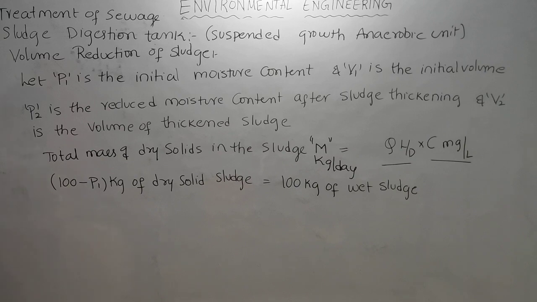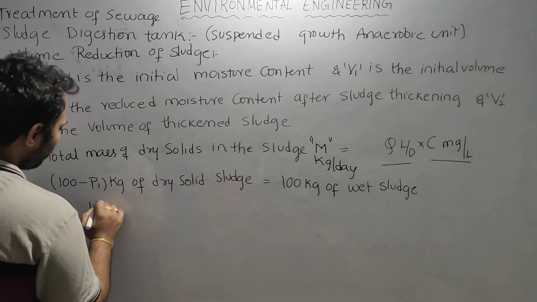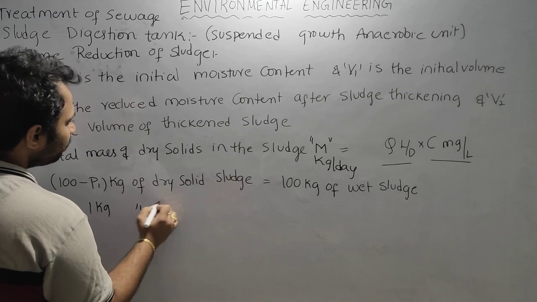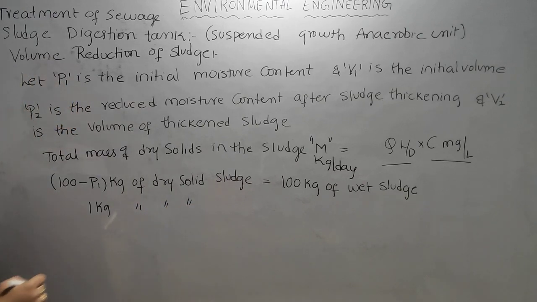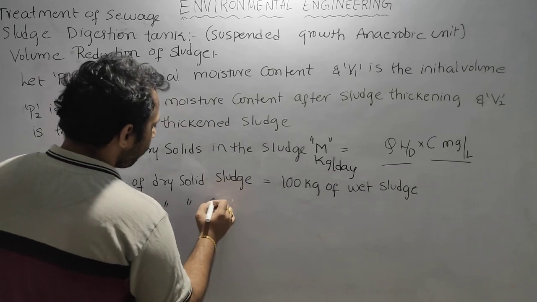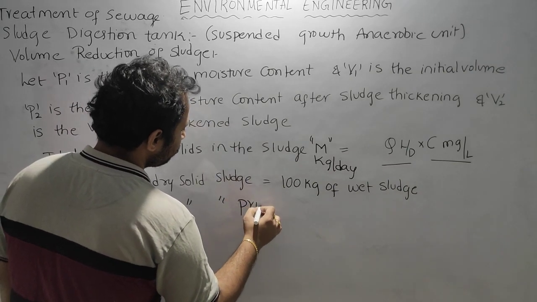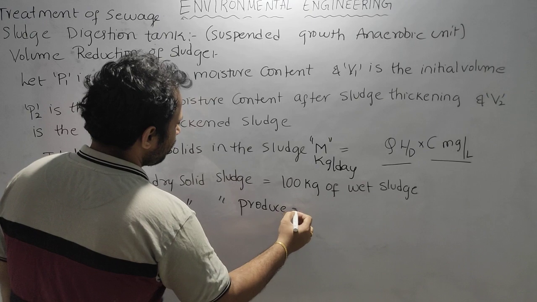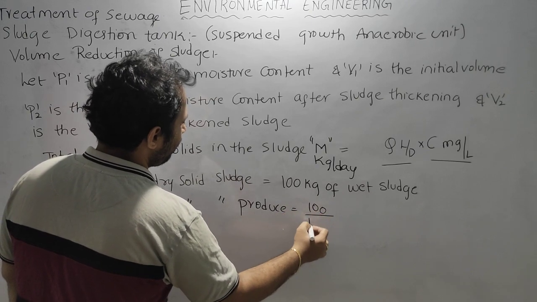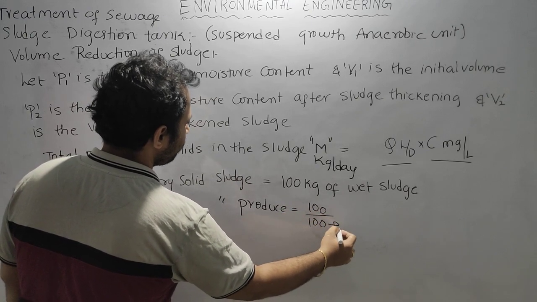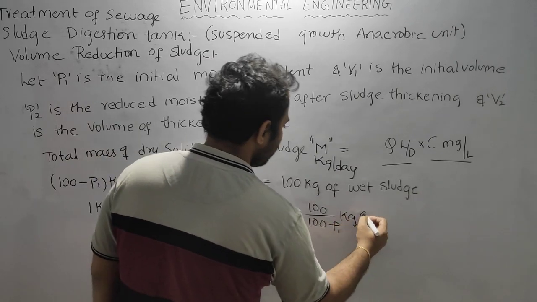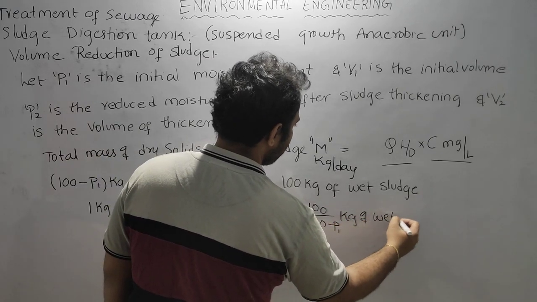So 1 kg of dry solid sludge produces 100 by 100 minus P1 kg of wet sludge.